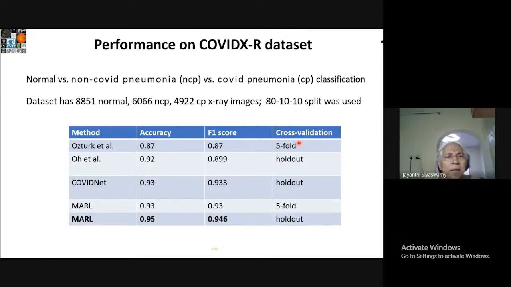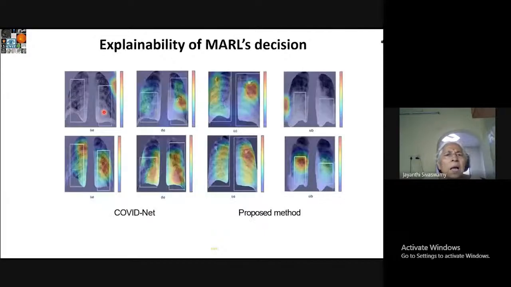And where is the explainability? Well, these boxes are the ground truth, and the heat map shows what our network actually found to be the most critical part of the lung for the decision. And you can see that there is a good agreement with the heat map. The red region always lies within the box.